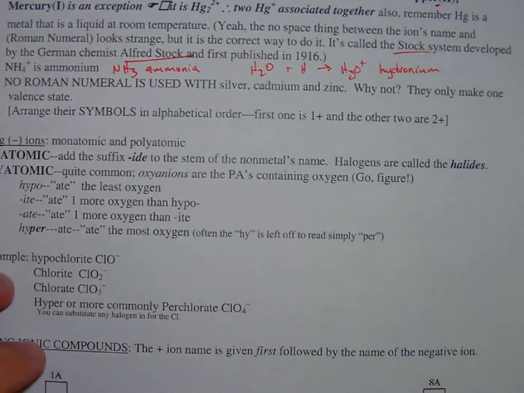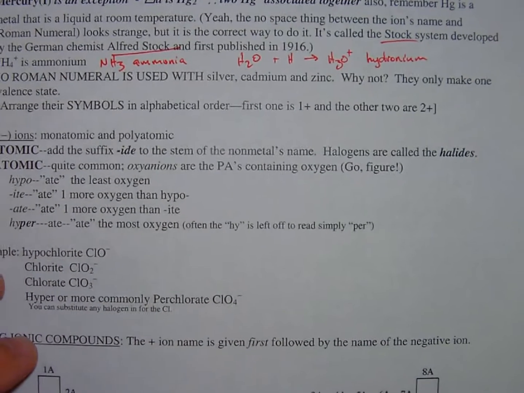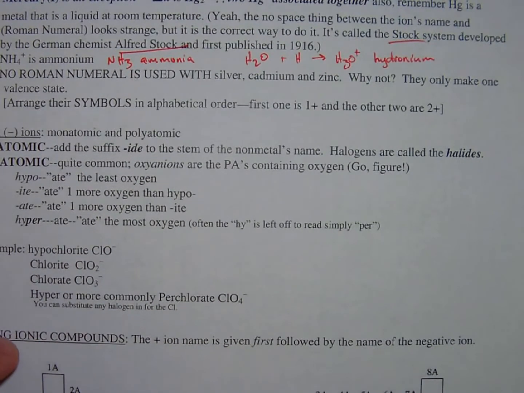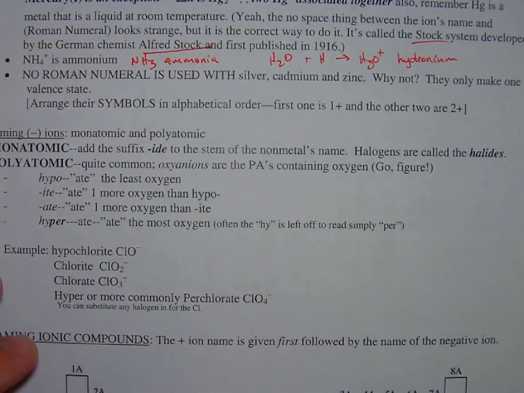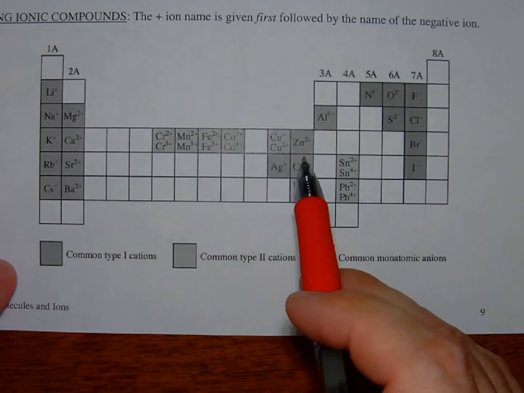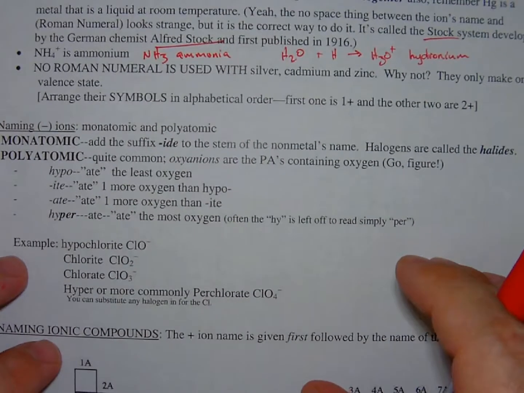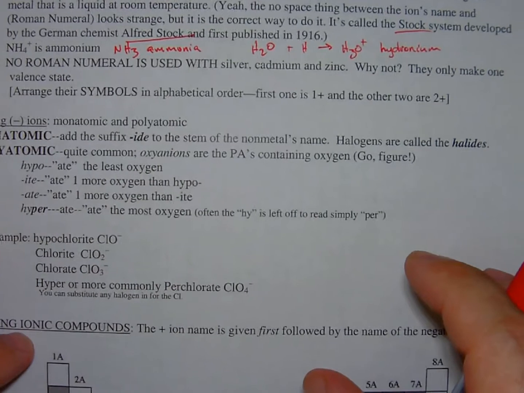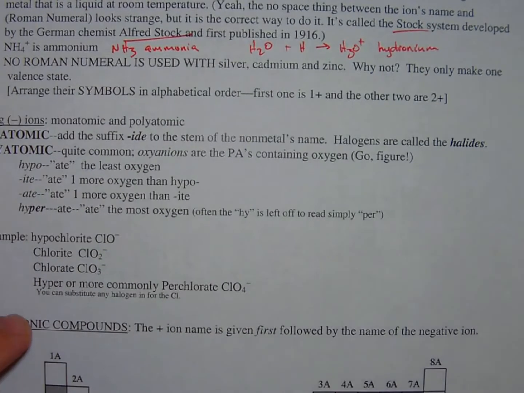Some exceptions here. No Roman numerals are going to be used with silver, cadmium, and zinc, because even though they truly are transition metals, they only form one oxidation state, one valence state, and so they only form one charge.